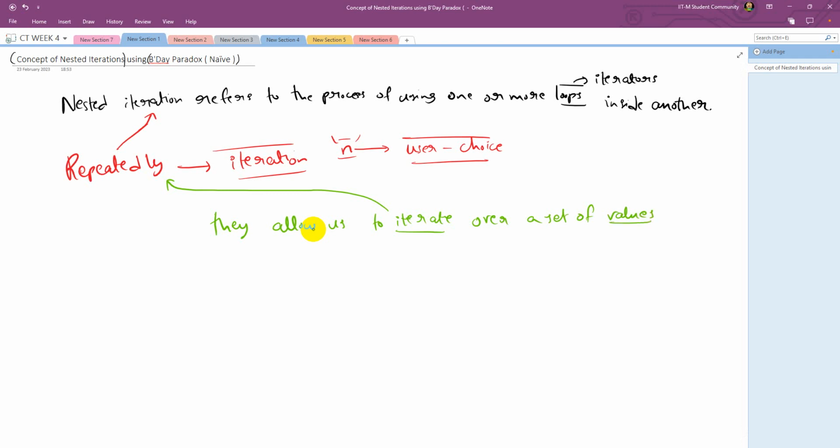Over a set of values, or rather over a set of steps, multiple times, that is what n means. Over a set of values multiple number of times, that is what an iterator does.